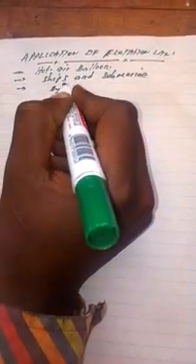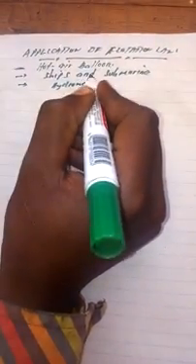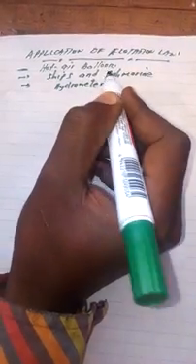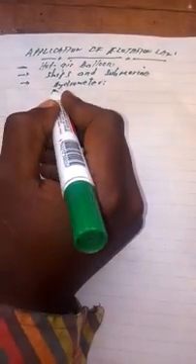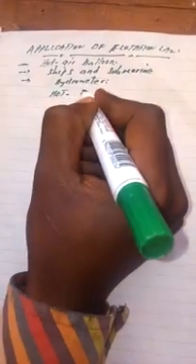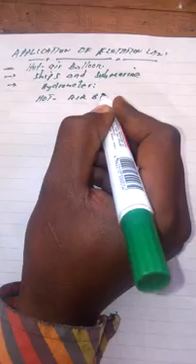It is also used in a hydrometer. So this principle is basically applied in these categories. We will discuss them one after another, starting with the application of the flotation law in a hot air balloon.